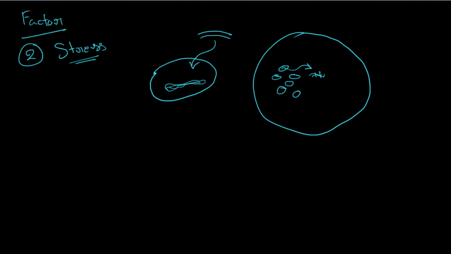Now the other bacteria that are not antibiotic resistant, that is, they are antibiotic sensitive, can take up the antibiotic resistant gene within their own cell and incorporate that gene in their genetic material. This way, the bacteria can become antibiotic resistant.